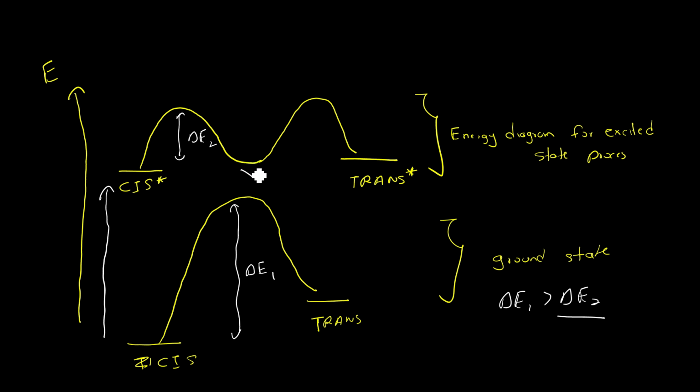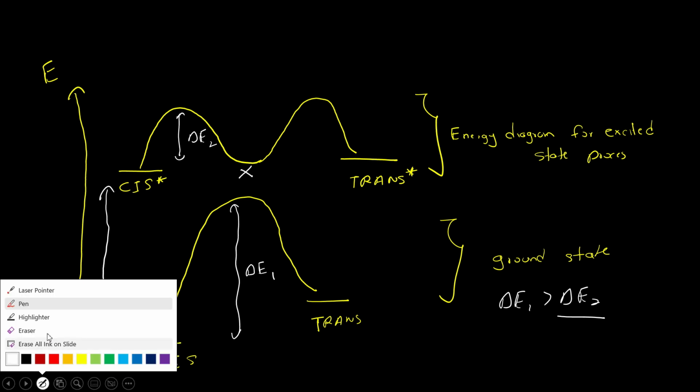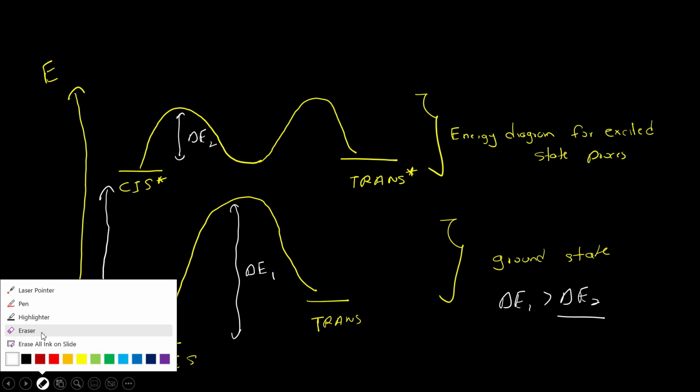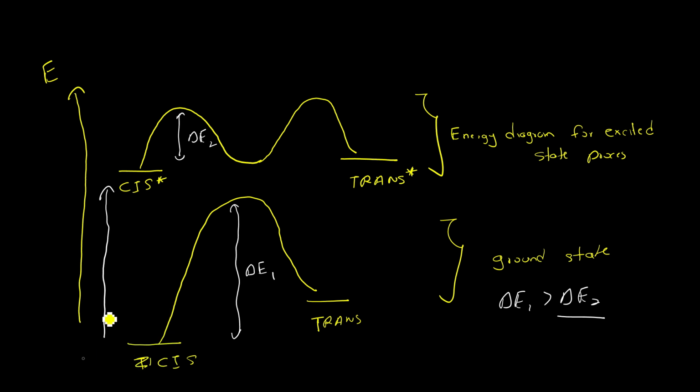We can denote this reactive intermediate as X. Let me draw it in yellow color. Here we have the X. This is the reactive intermediate, and then in the next step we have the trans excited state molecule.